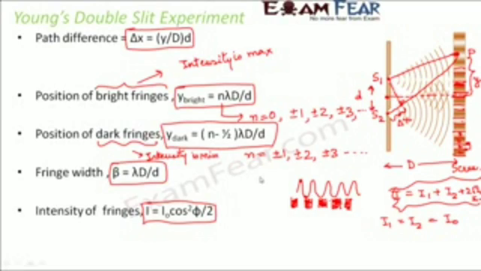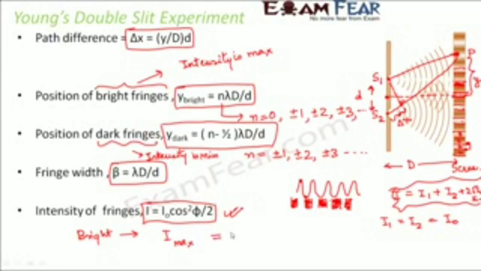Now, how do we relate this expression with what we have learned in the previous slide, that at maximum intensity it is this, at minimum intensity it is this? So how do we calculate maximum and minimum intensity from this? This is a general expression which is true for both bright and dark fringes. When we specifically talk about the intensity of bright fringes, the value of intensity is maximum, right?